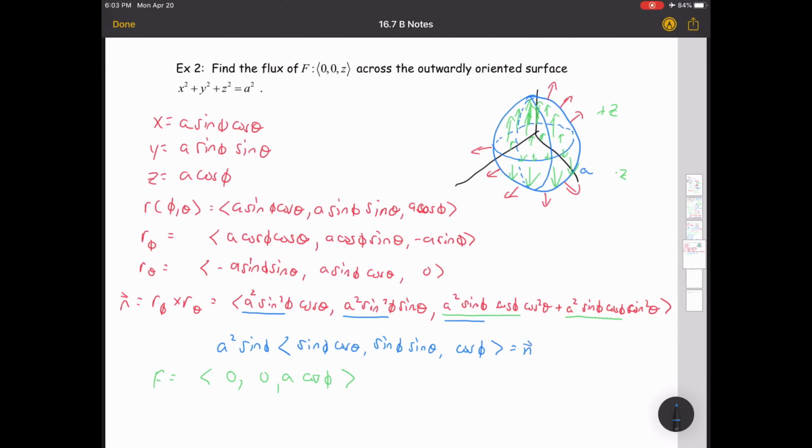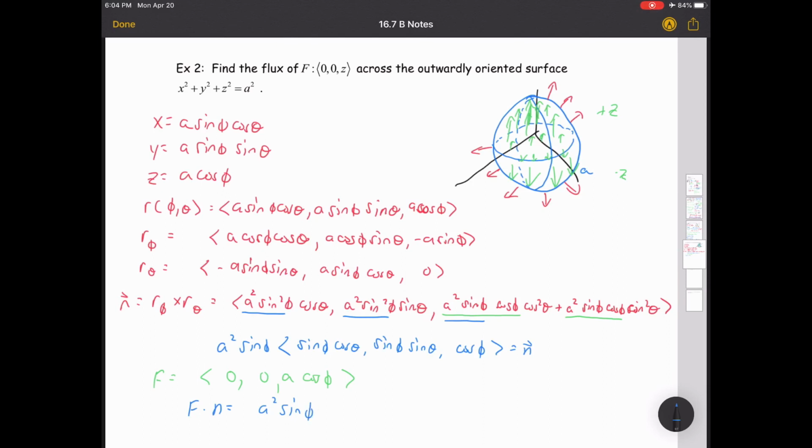Well, the good thing is dotting these is going to be really nice. I've got 0 times something, 0 times something. The only thing that gives me anything is the k components or the z components here. So my dot product is going to be pretty nice. So we've got f dot n, which is going to be a squared sine phi. That's from the outside, can't lose that.